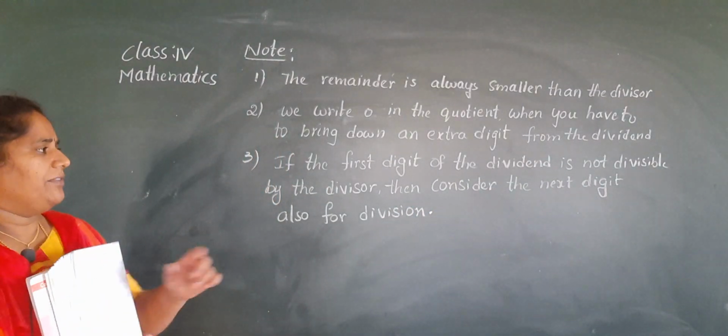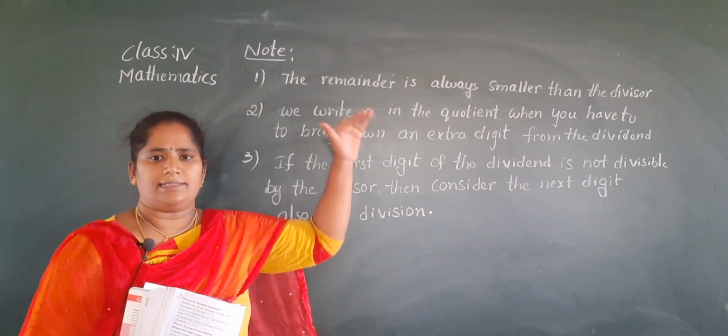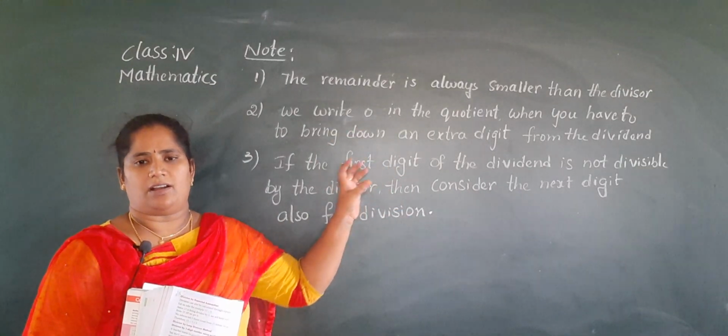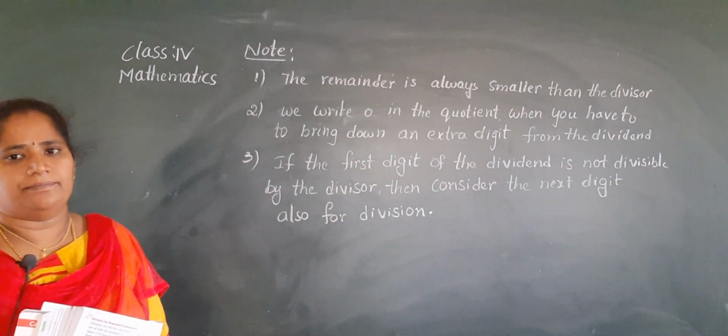So, if the first digit of the dividend is not divisible by the divisor, that means you take the next digit also and divide. Note down this in your classwork.